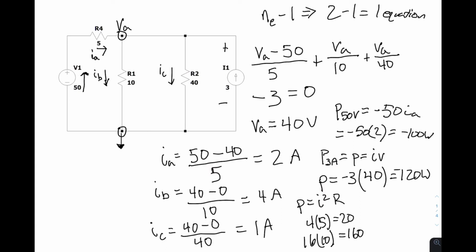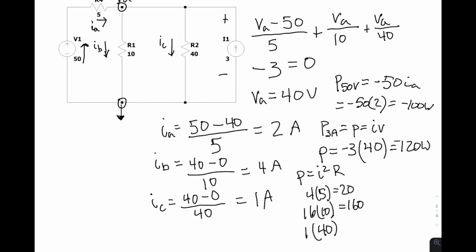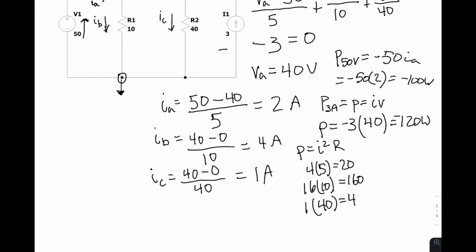And then finally, we'll have IC, which is 1. 1 squared is just 1 times 40, which is equal to 40. If you add these all together, you're going to get 220 watts, which balances out the equation, noting the total power delivered is 220 watts, and this is the total power absorbed by the 3 resistors.